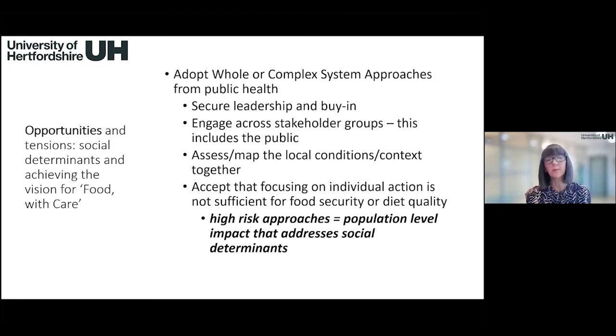We want to take an approach that's actually more complex and harder to achieve, but is much more likely to result in an impact at population level across our region. Because the less that individuals have to do themselves to eat well through creating the right structures and addressing determinants, the more likely it is that we're going to see universal impact on health and well-being from improving food and eating practices.